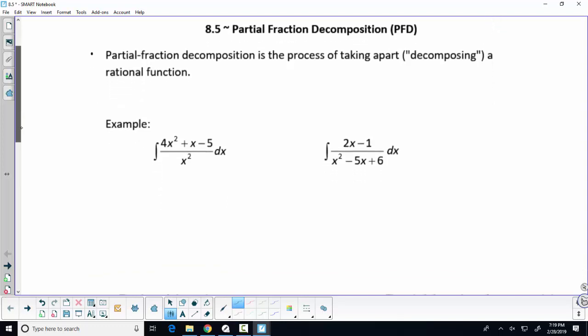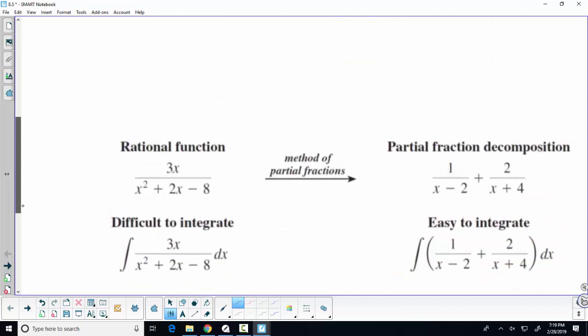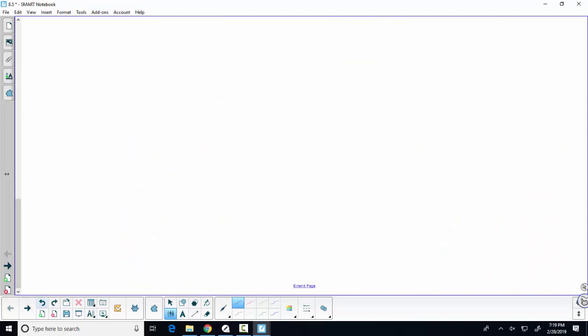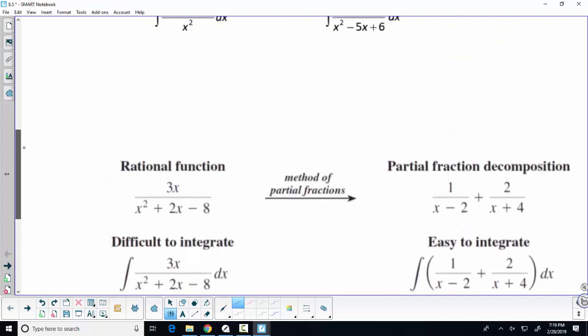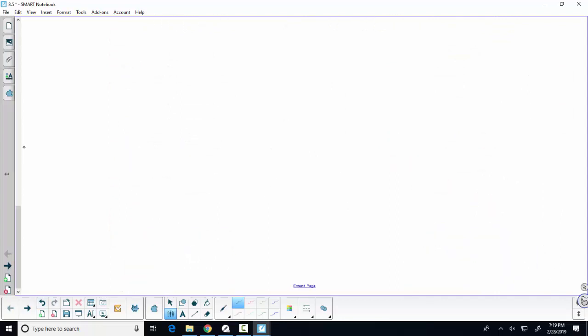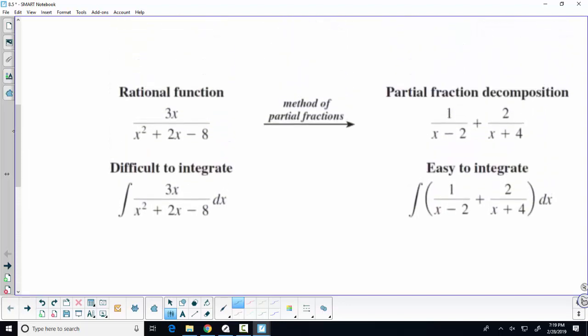Okay, and then this section we're looking at partial fraction decomposition, and the idea of partial fraction decomposition is, for example, we've got a rational function here, 3x over x squared plus 2x minus 8.